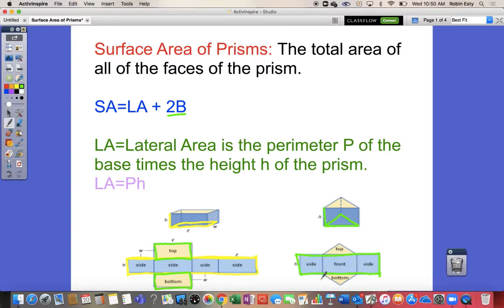And then you would find the area of each base. Now remember, a triangle is base times height divided by 2. So you would have to do that twice. Well, if you do that twice and then multiply by 2, you're really just doing base times height. So again, we'll talk about that in just a moment.